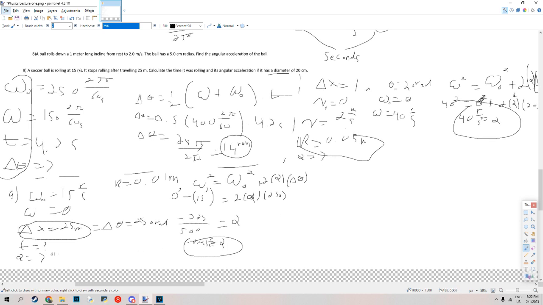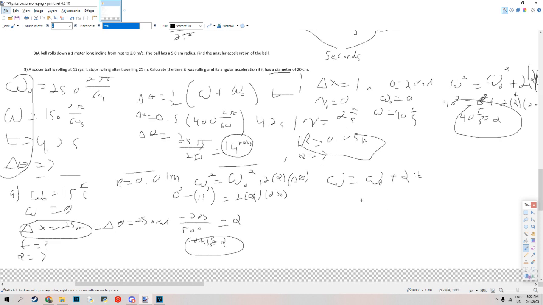Now using this, we can find time if we simply plug into our first equation, which states that final angular velocity is equal to initial angular velocity plus alpha times time. So we plug in numbers, 0 equals 15 plus negative 0.45 for our alpha times time.